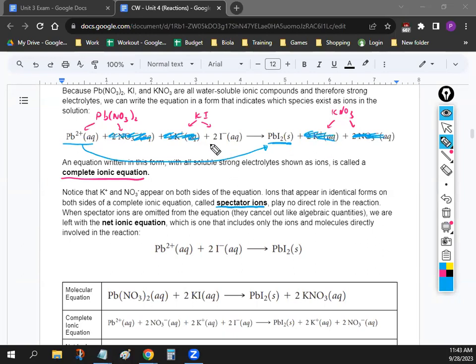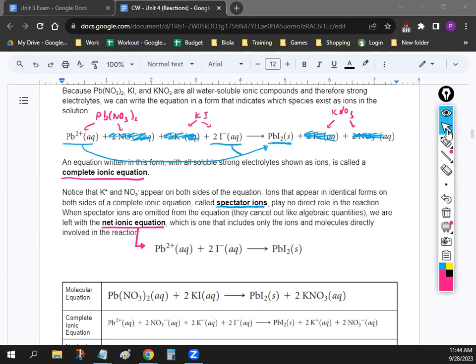The only ions that actually do anything are lead and iodide, right? So what we can do is write something called a net ionic equation. In a net ionic equation, all you're doing is writing the ions that actually do something, which are Pb and I. Those are the three types of chemical equations when it comes to ionic compounds.